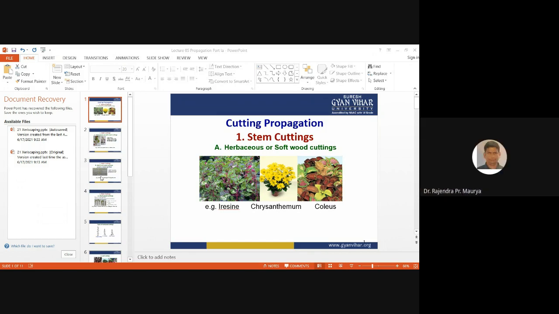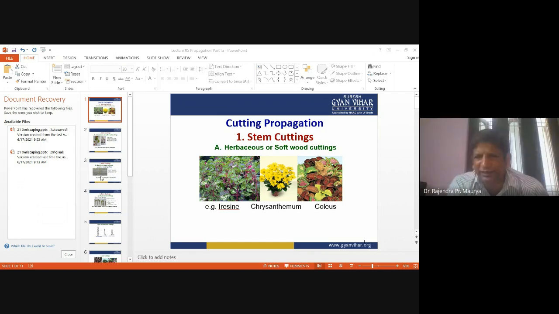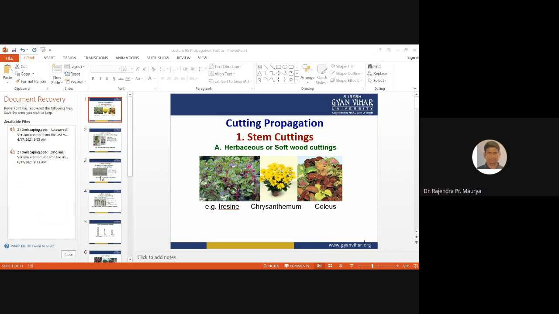The second type of stem cutting is semi-hardwood cutting, in which the wood is more lignified as compared to herbaceous or softwood cutting. Also, the length of the cuttings is longer than herbaceous or softwood cuttings.